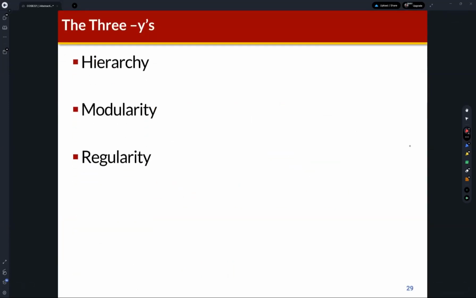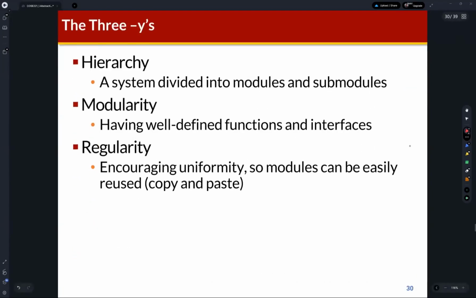And then the 3 Ys: hierarchy, modularity, regularity. These are the definitions. Hierarchy: a system divided into modules and submodules. Hierarchy means 계층구조 in Korean. It's not a good meaning in the real world, because hierarchy means like the ruler and the subordinate in social systems.